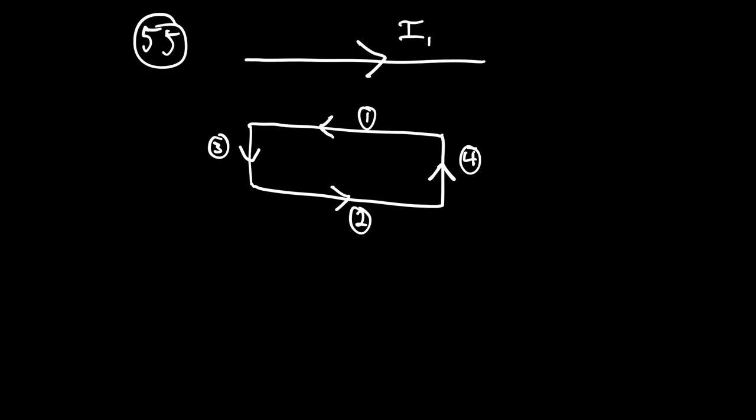What they want us to do is calculate the force between these wires, and we want to know the magnitude and the direction. The magnitude is an equation, relatively easy to find. The direction is a little trickier. If wires are parallel, then the following 2 rules hold.